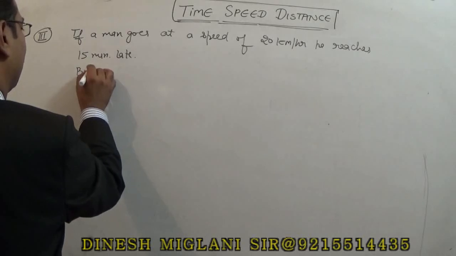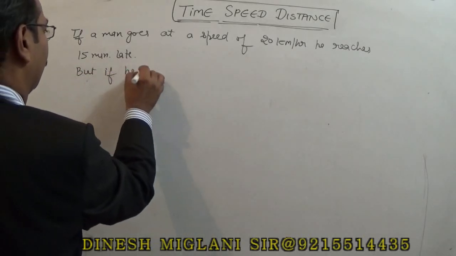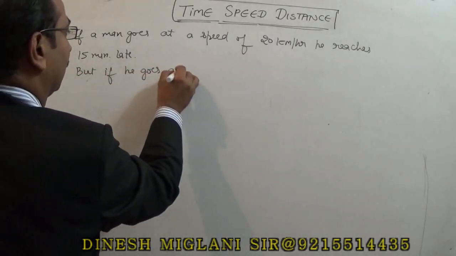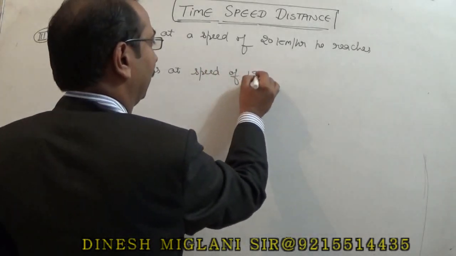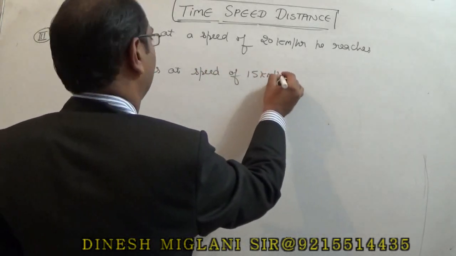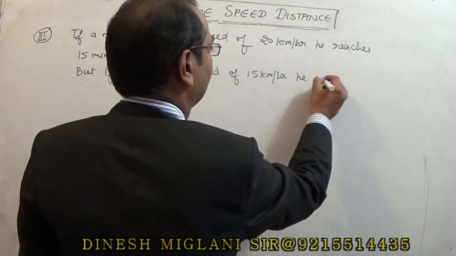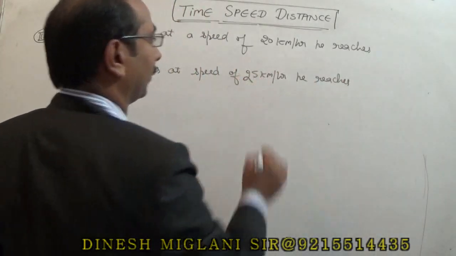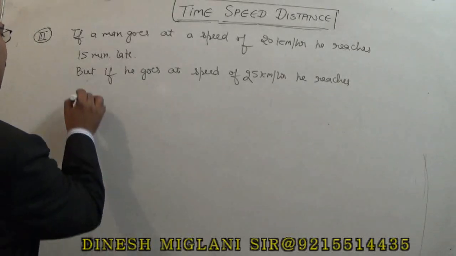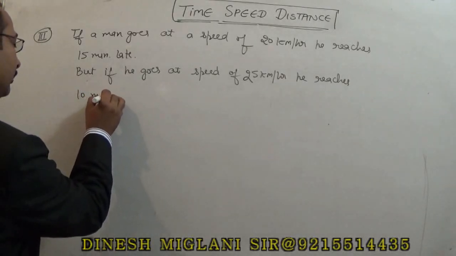But if he goes at a speed of 25 km per hour, he reaches 10 minutes early.